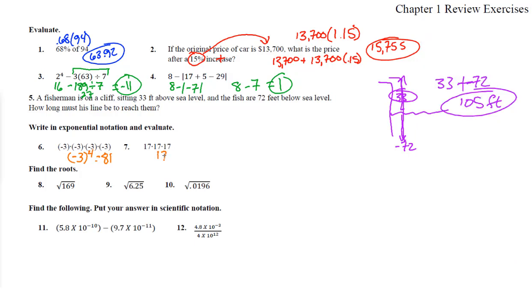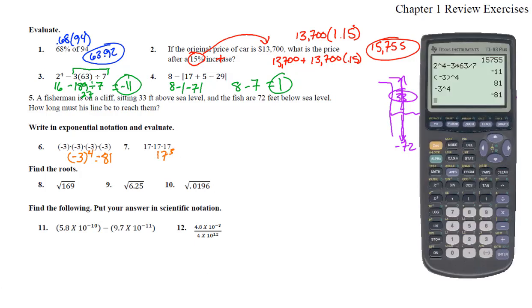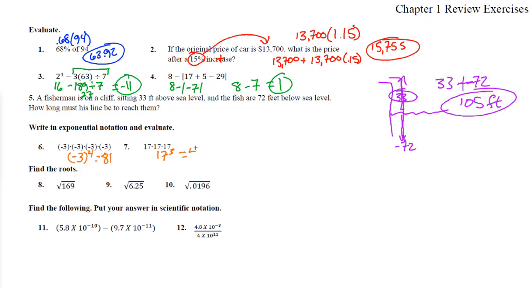This one is 17 to the 3rd. Not knowing that one in my head. 17 to the 3rd power gives us 4913. All right, the next one. We have square root of 169 is just the number 13.